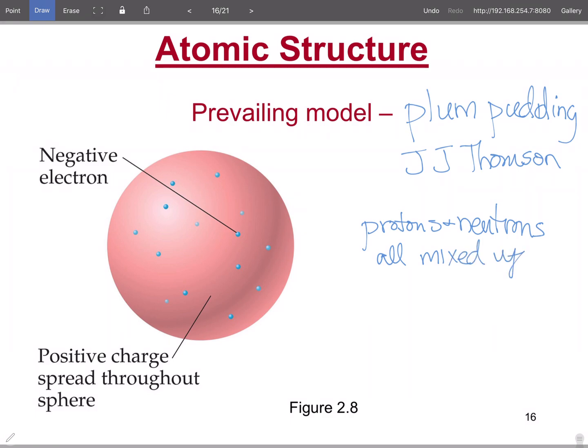They're not individual particles, they're just all over the place. And then the negative electrons are the chocolate chips. In the case of the plum pudding model, they would be the plums. So you have them dotted all throughout the atomic shape.